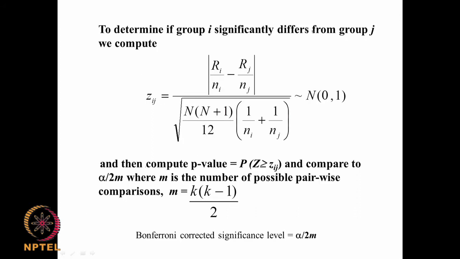To determine that, there is another formula like this. To test if group i is significantly different from group j, that means if you take one drug, say aspirin, and call the other ibuprofen, you put in the aspirin data and the ibuprofen data, and the total 15 is this number, and then compute the p value and compare to alpha divided by 2m, where m is the number of possible pairwise comparisons, given by k multiplied by k minus 1, divided by 2.